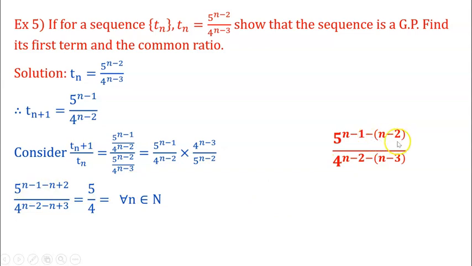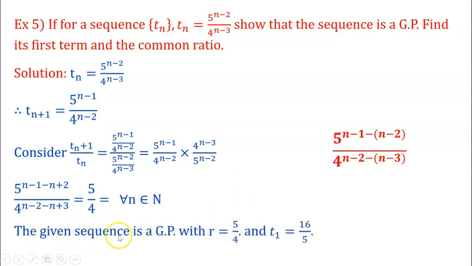That is minus n plus 2. Next minus n plus 3. And overall, you will get here 5 by 4 for every n belongs to set of natural numbers. Okay. The given sequence is a GP with R is equals to 5 by 4 and its first term, that is T1, is equals to 16 upon 5. Okay.